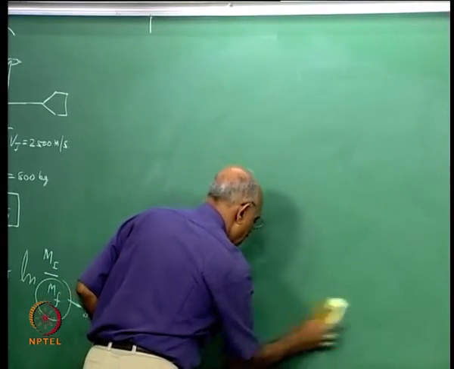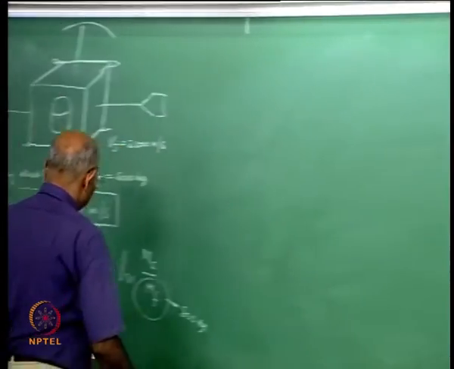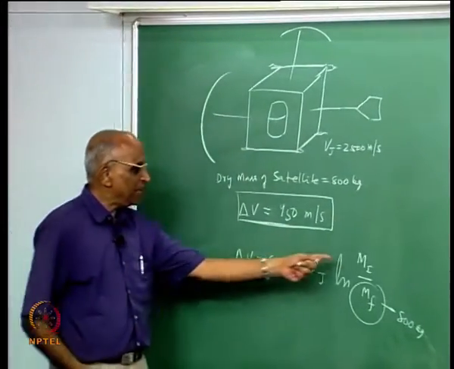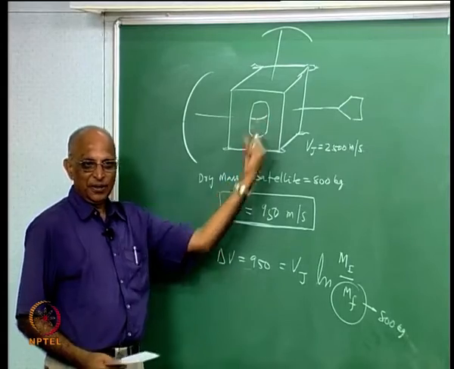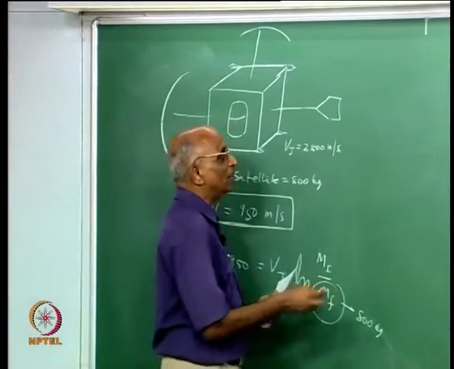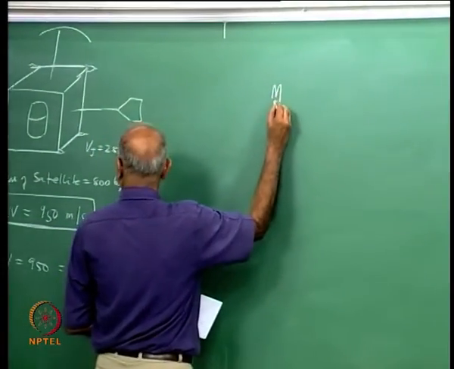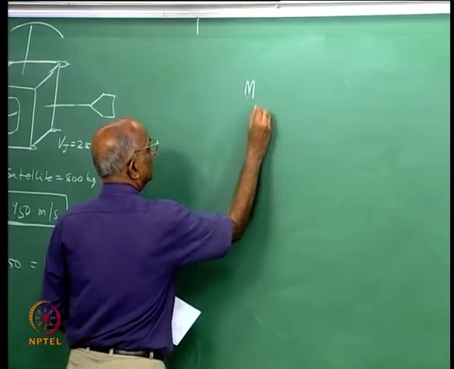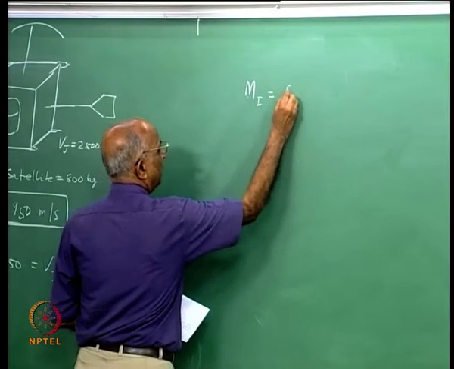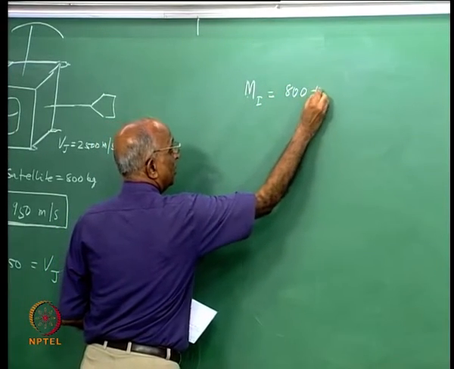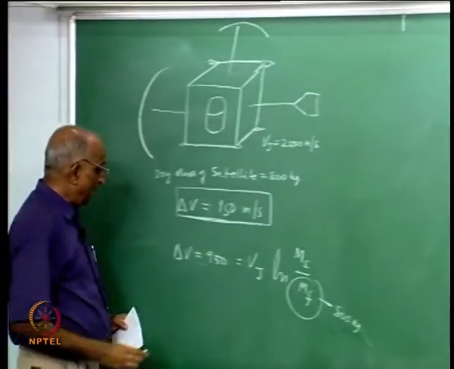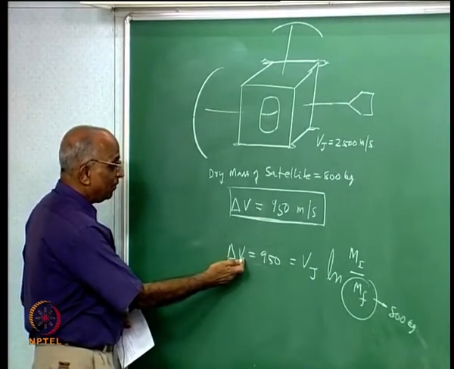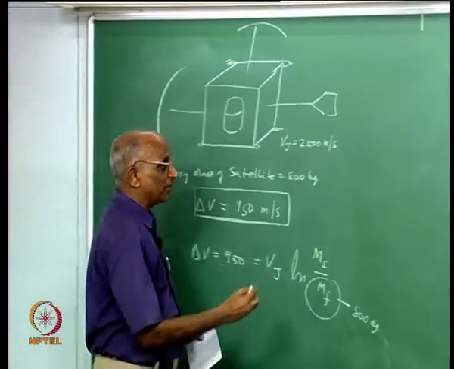Yes, please let me know. The initial mass of the satellite will also contain the propellants in it. Therefore, the initial mass is equal to Mi, 800 is the final mass plus the mass of the propellant, and I find that my delta V required is 950 meters per second.